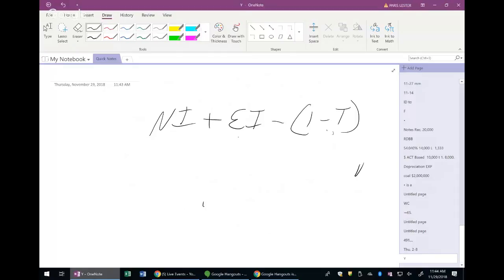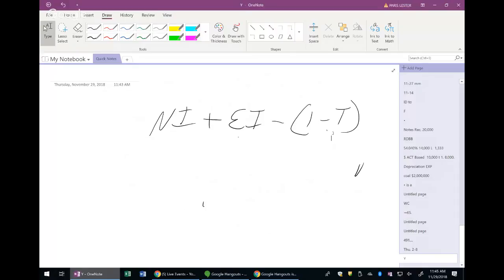Okay, let's see if we can work through it. The example they give you here is net income of $1,750,000 and interest expense of $640,000 times 1 minus 30%. Somebody multiply 640,000 times decimal 70.